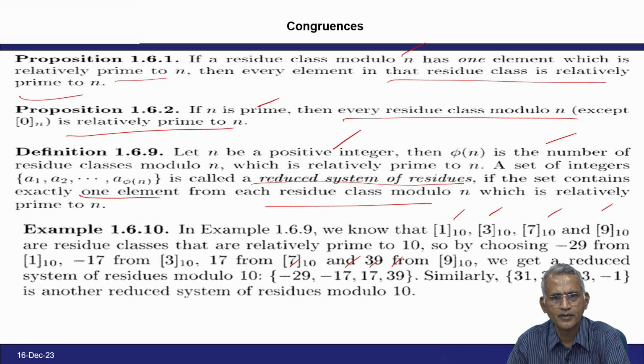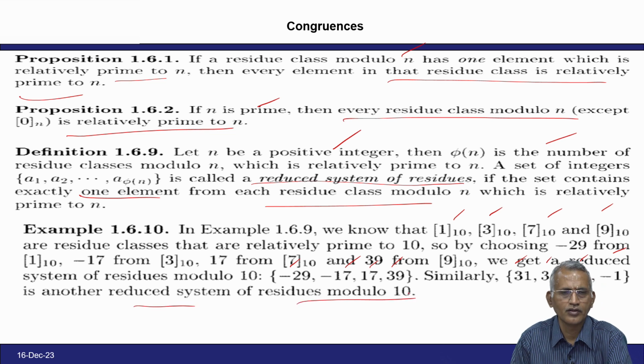Similarly, 31, 3, minus 23, minus 1 is another reduced system of residue classes under modulo 10. So we can understand the meaning of a reduced system of residue classes.